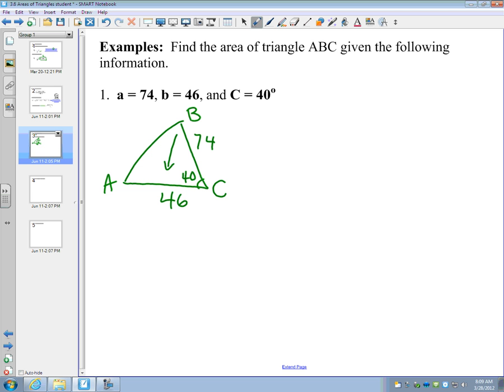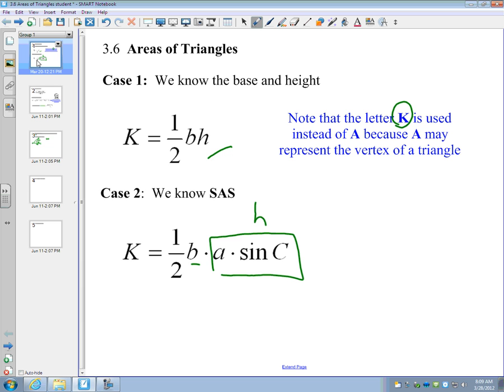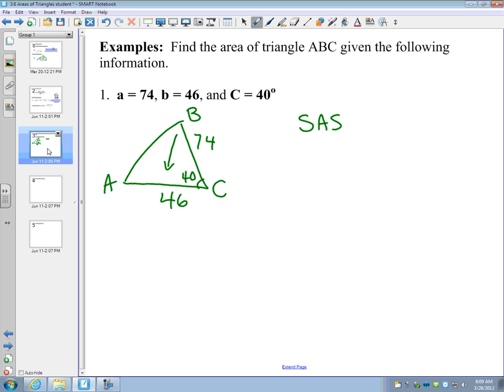So really what we're looking at here is side, angle, side. Whenever we're given side, angle, side, we're going to use 1/2 B times A times sine of C. So that's the formula we're going to use: K equals 1/2 B times A times sine of C.